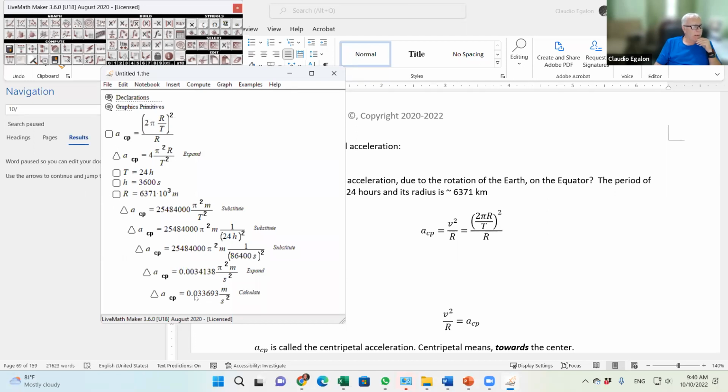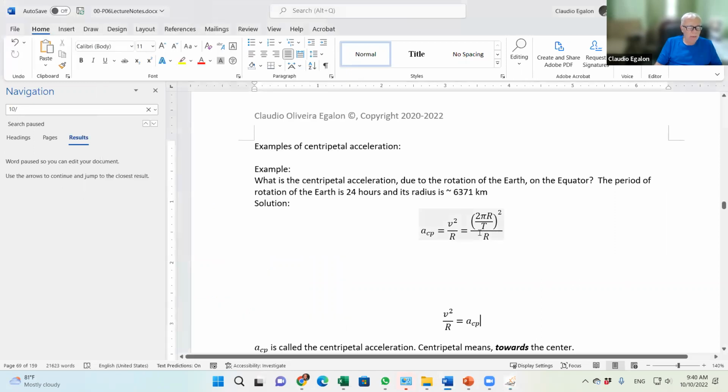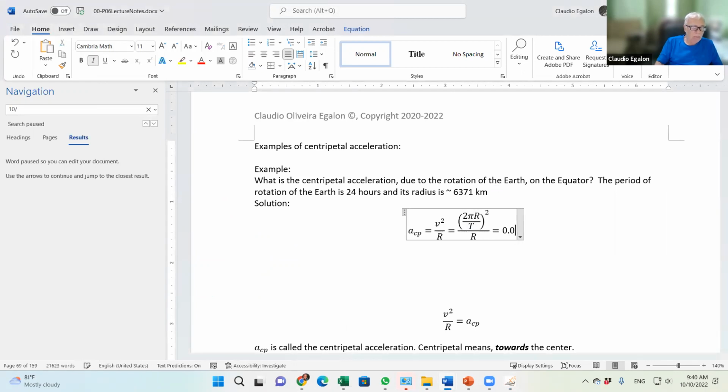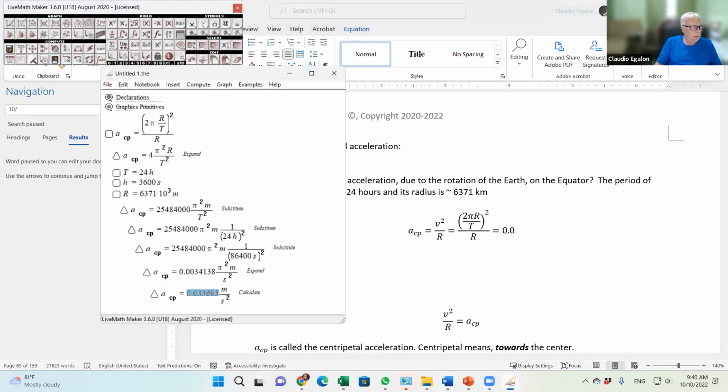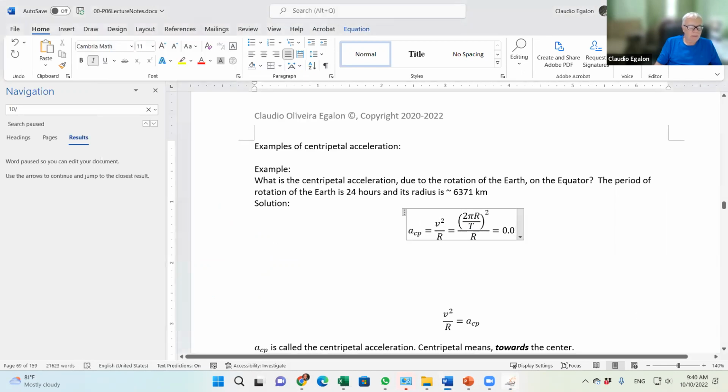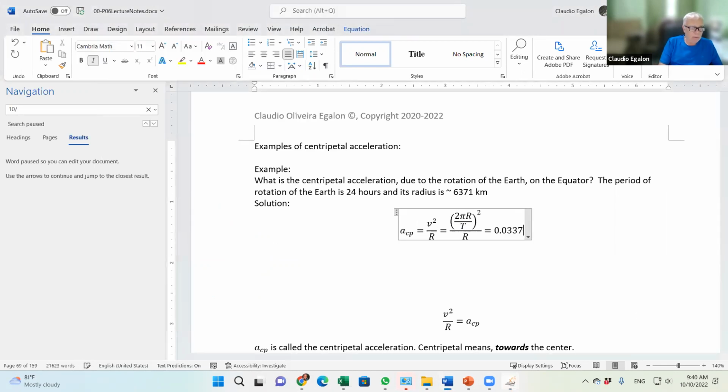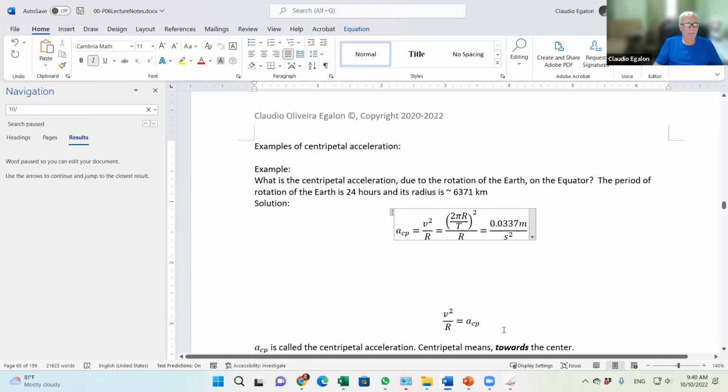If I did everything right, I got the right numerical value for the centripetal acceleration, which is 0.03363, let's put 0.0337 meters per second squared. Okay.